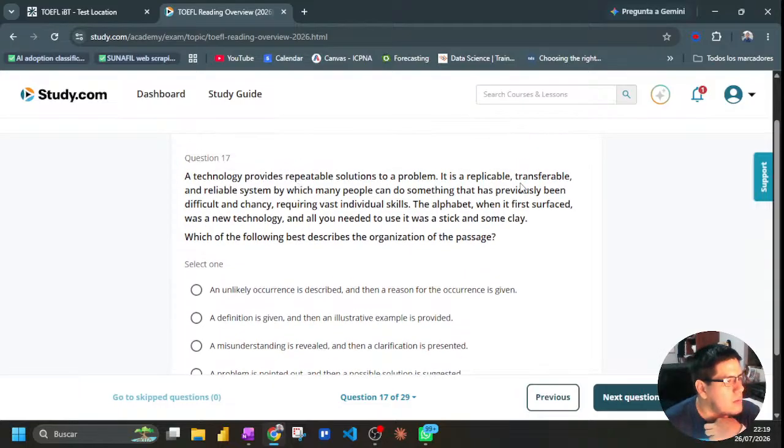It's a replicable, transferable, and reliable system by which many people can do something that has previously been difficult and requiring chance. The alphabet, when it first surfaced, was a new technology, and all you need to use it was a stick and some clay.